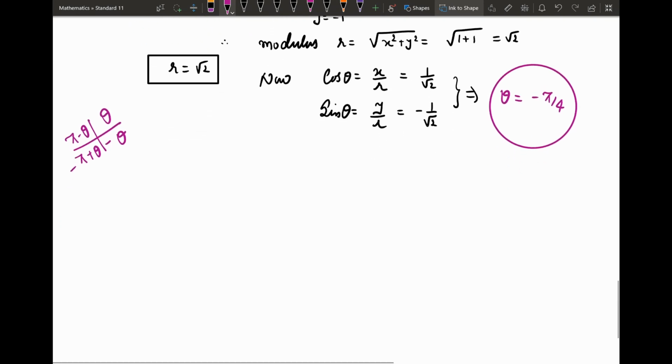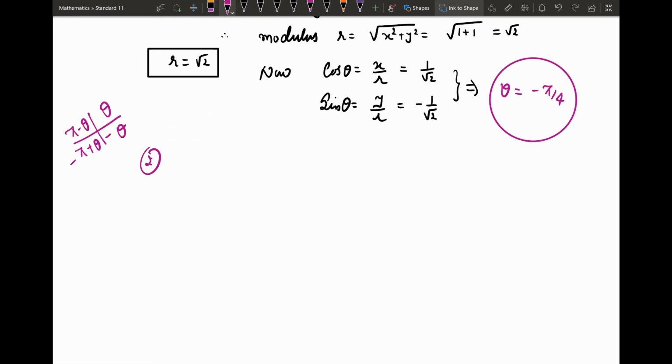We take one more example. For a complex number, we take z equal to minus root 3 plus i. Find out r and theta. R means modulus, theta means principal argument. So these are the basic concepts of complex number.